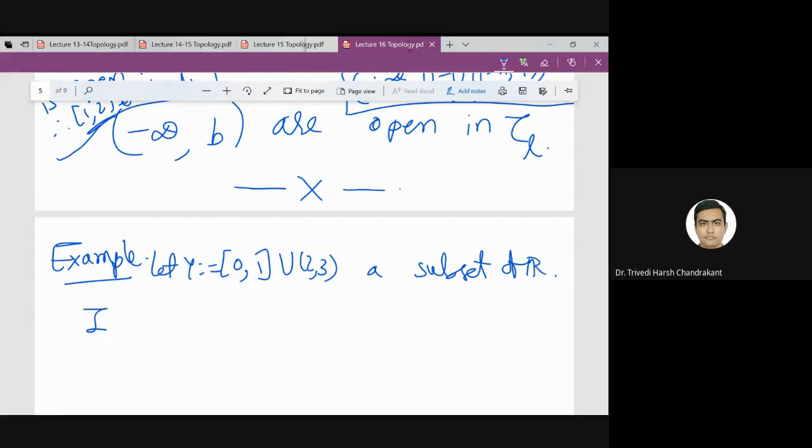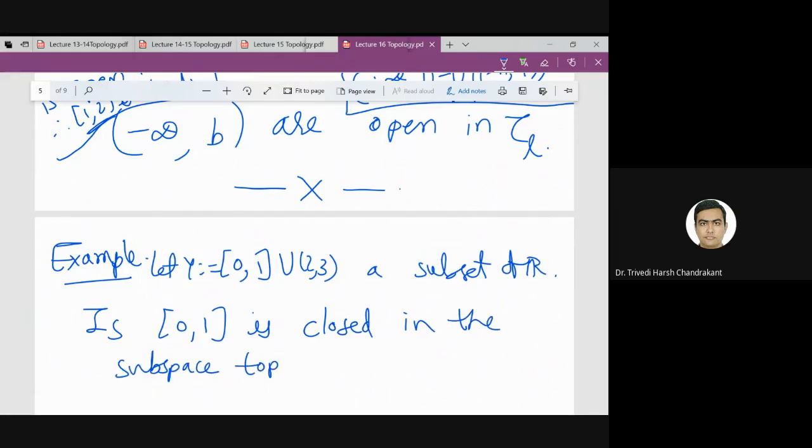So is closed interval 0 1 closed in the subspace topology with respect to y?